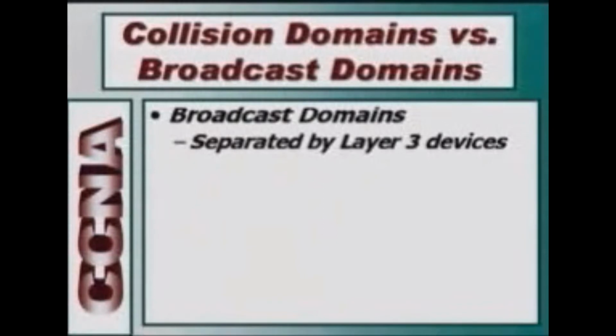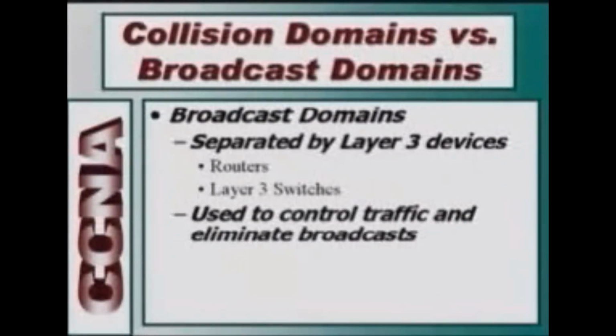Let's go up one more layer to layer 3, which as you'll remember is the network layer. At the network layer, we can create logical addresses. We can follow logical addresses. That means at the network layer, we can create the subnets. So we put in what's called a layer 3 device. Now a layer 3 device is a router. Some people call them layer 3 switches, but really they're routing. When we put in a layer 3 device, we will then control traffic into its smaller subnets.